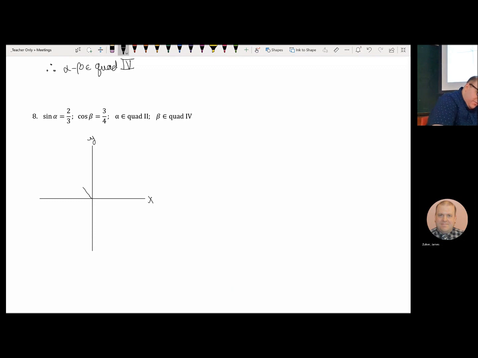No, not drawn to scale. I can get away with the origin. There we go. So let's say there's our alpha angle.